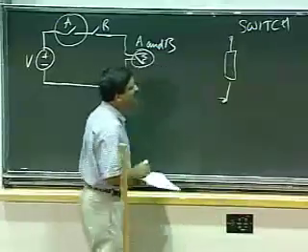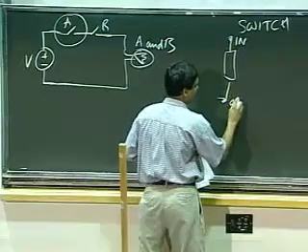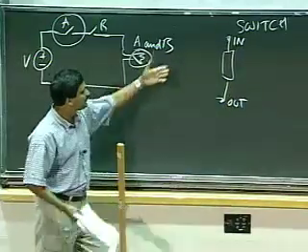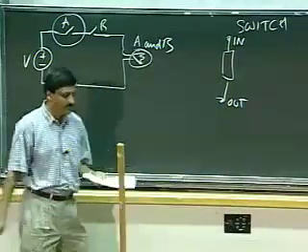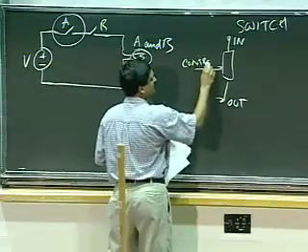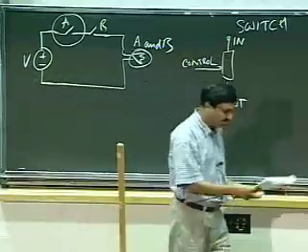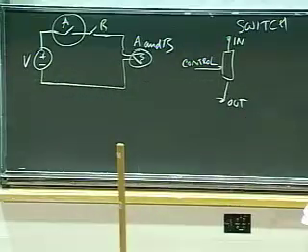So let me go ahead and build an equivalent circuit for a switch. So a switch has a couple of terminals here, and I have a control. Switches have a control, and they have a pair of terminals. And the equivalent circuit for this looks like this.